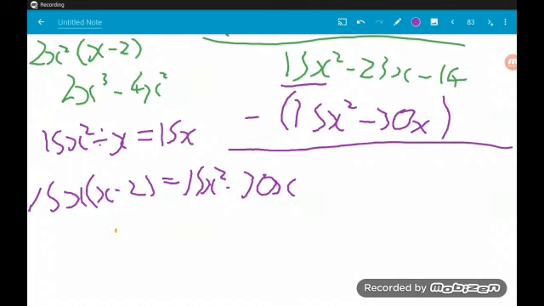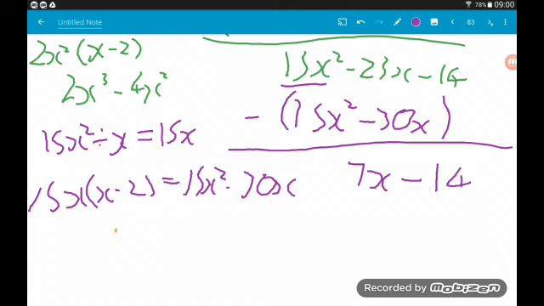So be incredibly careful here with your signs. I'm going to hold my hands up, I just cocked this one up. So we are doing 15x squared minus 15x squared, so that cancels out. And we're doing minus 23x minus 30x, which is minus 7x... So we got 7x, and then the minus 14 falls down.